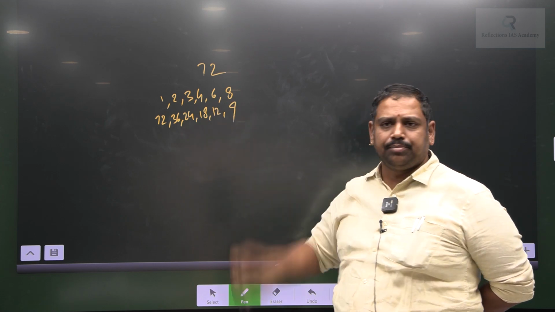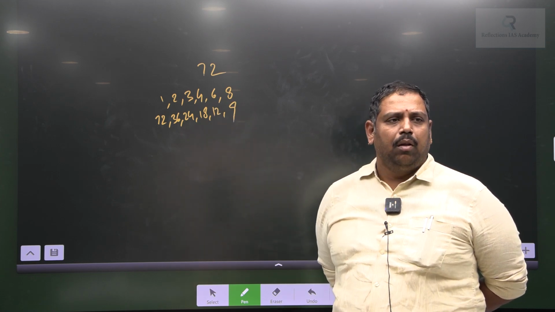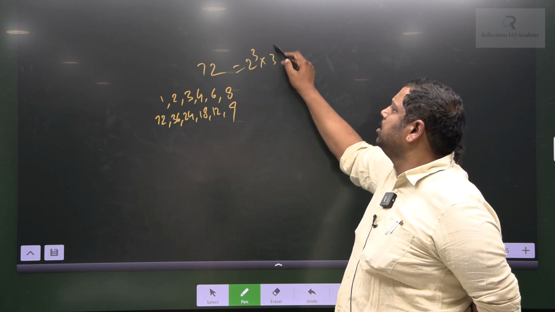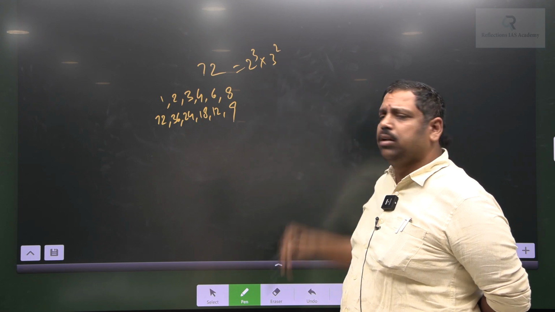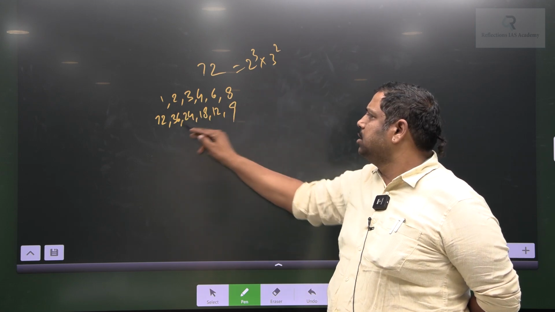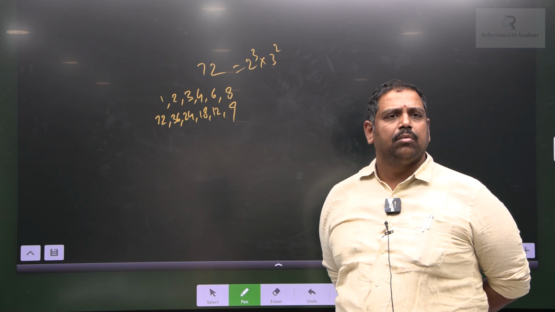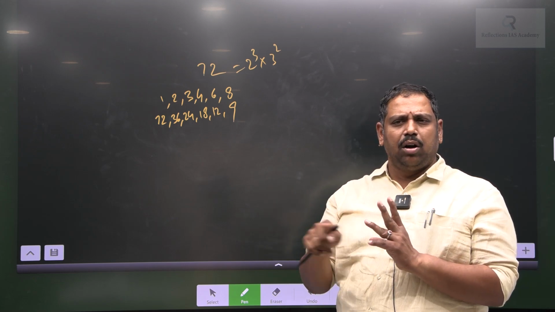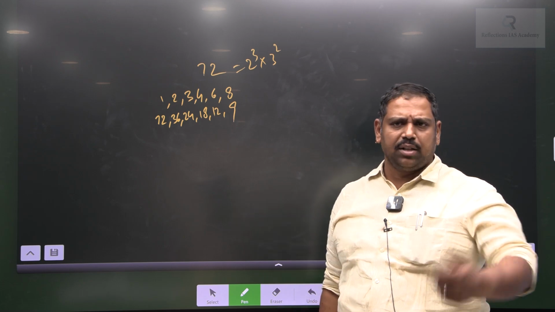These are the factors. Verify: 72 means 2 cube into 3 square, right? 4 into 3, 12, right? You can verify number of factors, even factors, odd factors, sum of factors, all.